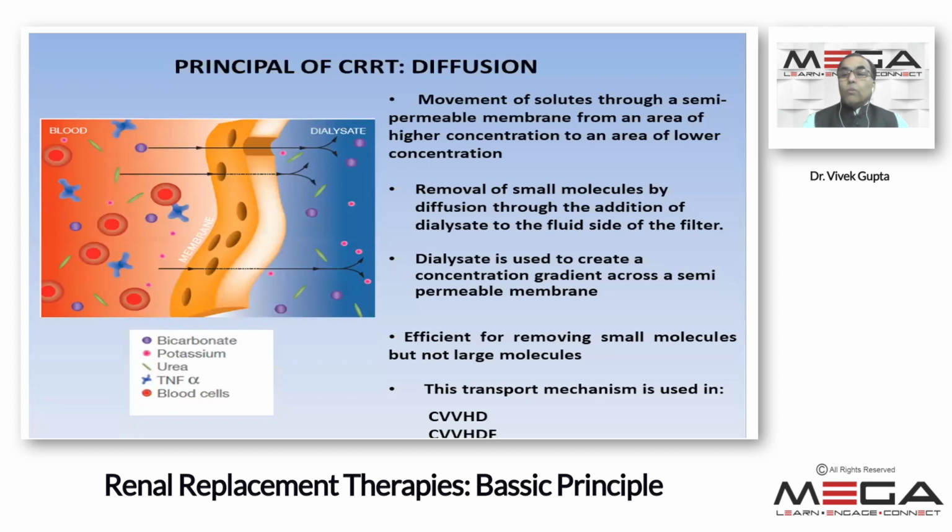So the small molecules can go with the concentration gradient, the higher concentration on one side trying to equilibrate with the lower concentration on the other side. So either way, this movement can take place. This transport mechanism in the CRRT is used in CVVHD. But remember, it is useful for the smaller molecules only.